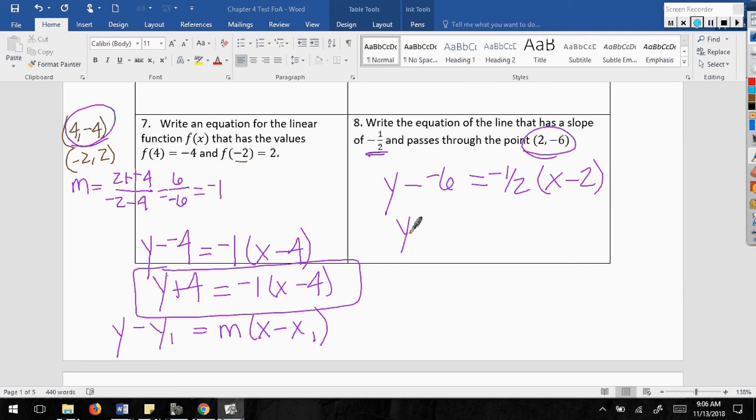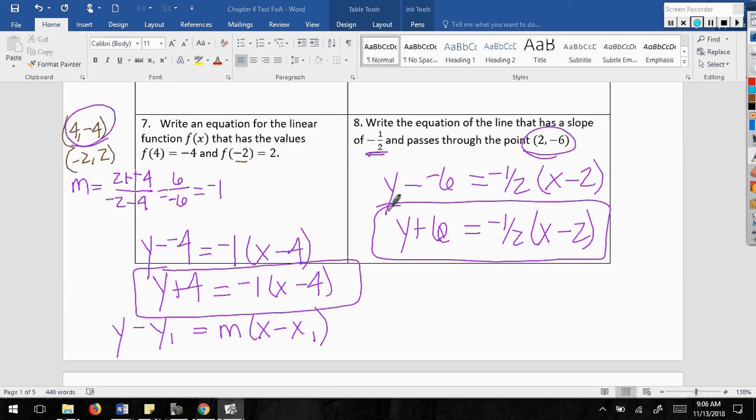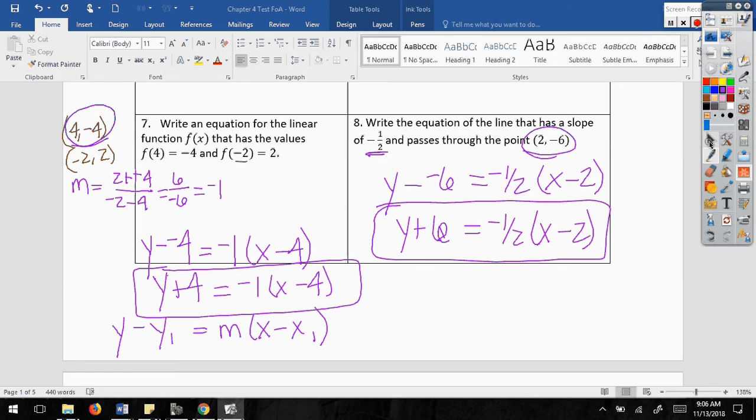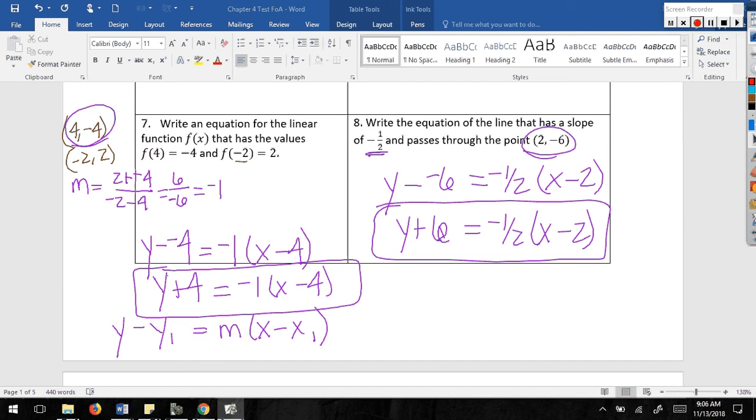Again, I would probably change this to y plus 6 equals negative 1/2 times x minus 2. Okay. Now, if I had to have it in slope-intercept form, I could go through and distribute that slope through and manipulate the equation. But unless I'm asked to, there's no sense in doing all that extra work.